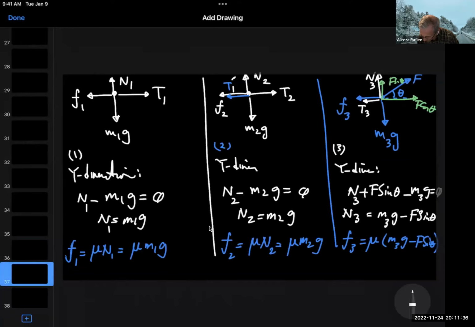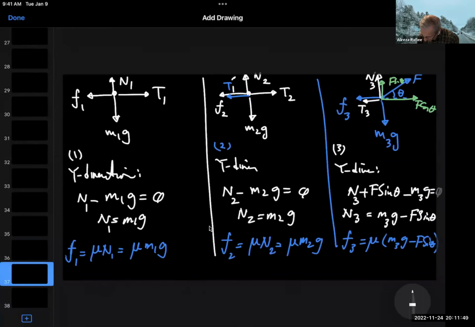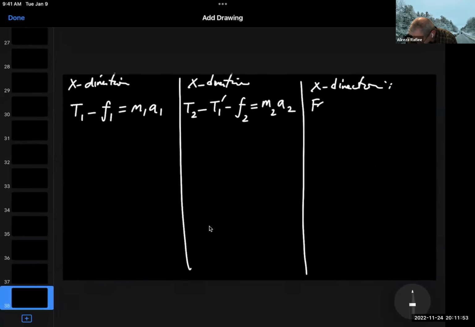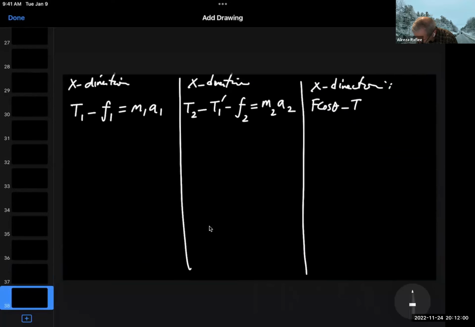Then for this one, I have T2 minus T prime 1 minus f2 is equal to m2 times a2. And for the last one, I have F cosine of theta minus T3 minus f3 is equal to m3 multiplied by a3.